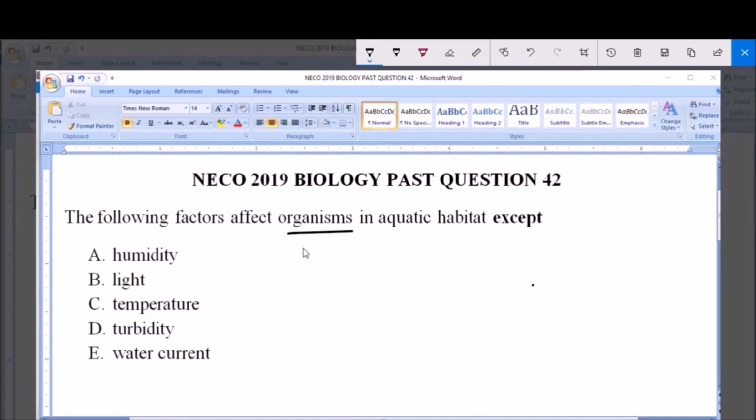Now, for us to pick this option, we have to simply check out the meaning of the following factors. Humidity simply refers to the measure of moisture in the atmosphere. That's humidity.